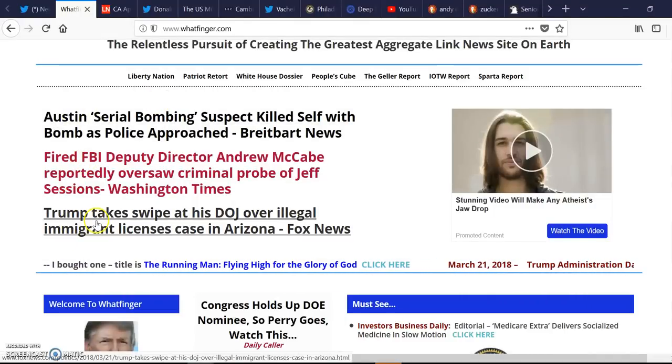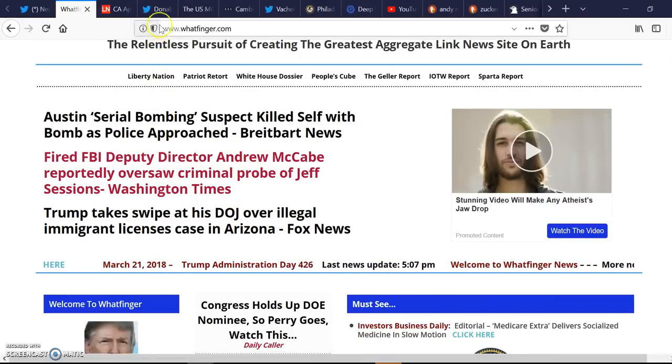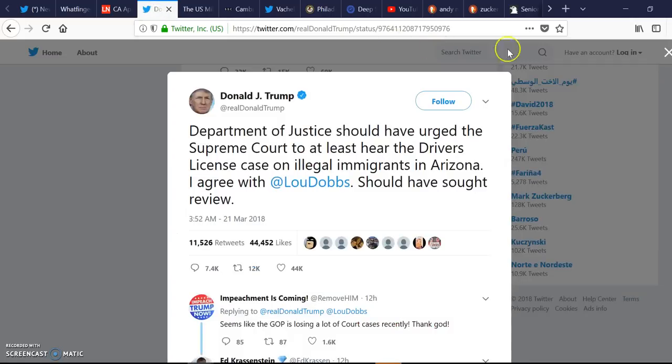So the headline here is Trump takes a swipe at his DOJ over illegal immigrant licenses case in Arizona. That sounds like Trump cracking the whip. Here he is on Twitter saying the Department of Justice should have urged the Supreme Court to at least hear the driver's license case on illegal immigrants in Arizona. I agree with Lou Dobbs.